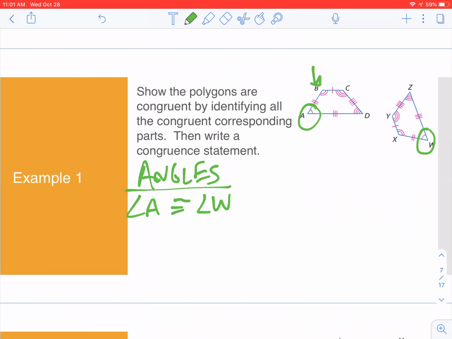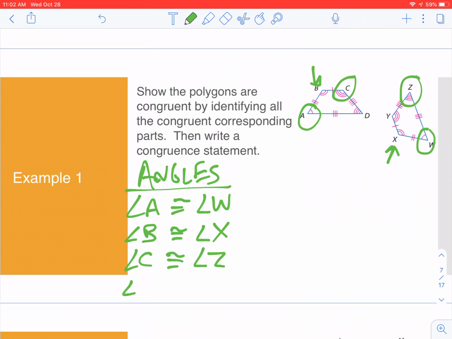B has 2. X has 2. So angle B is congruent to angle X. And I'm going to keep doing that pattern. I'm going to find that C has 3 and Z has 3, which leaves D congruent to angle Y.